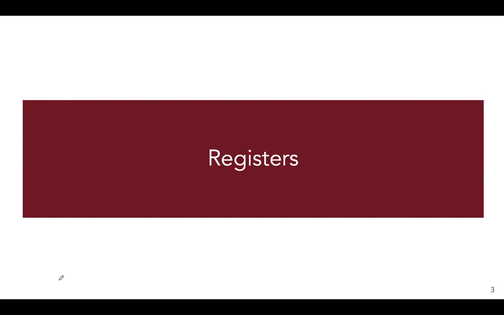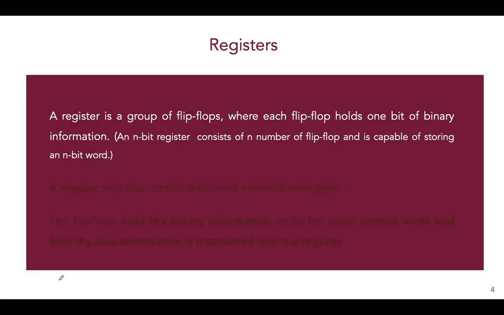Let's first begin with registers. What are registers? A register is basically a group of flip-flops where each flip-flop holds one bit of binary information. You already know what flip-flops are, and you also know that each flip-flop is capable of holding one bit of binary information.